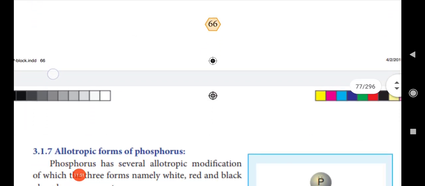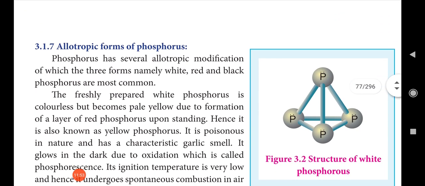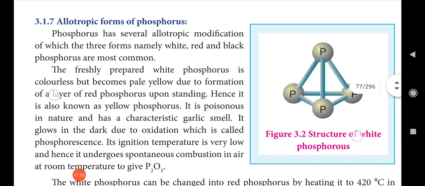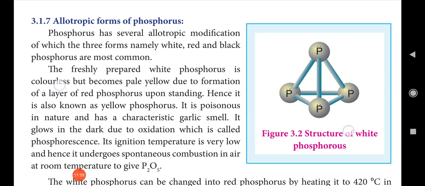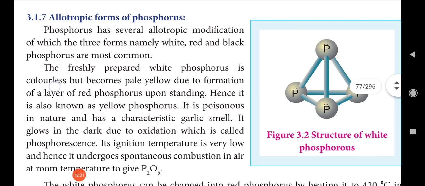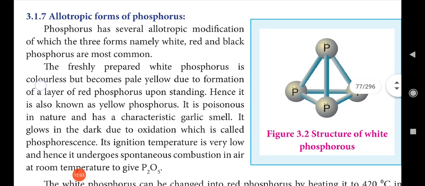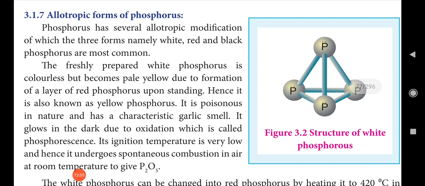Then we are going to discuss phosphorus. The symbol of phosphorus is P. So first let's discuss allotropic forms of phosphorus. What is meant by allotropic form? The same element can exist in various physical forms. They are called allotropes.